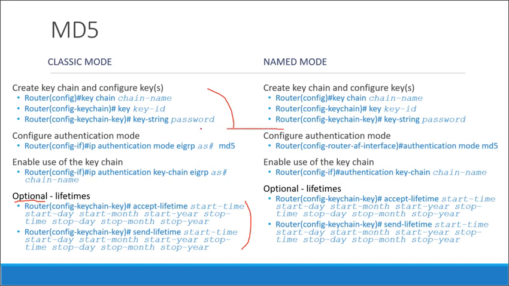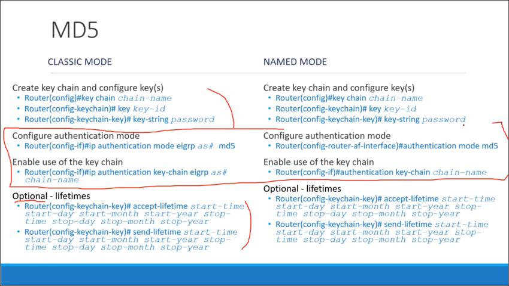But the major difference here is right in this section, and that is with Classic Mode, we do the configurations on the interface. So it'd be the interface connected to that, going out to the router that we want to authenticate with, as well as enabling the use of the keychain, is configured on the interface.